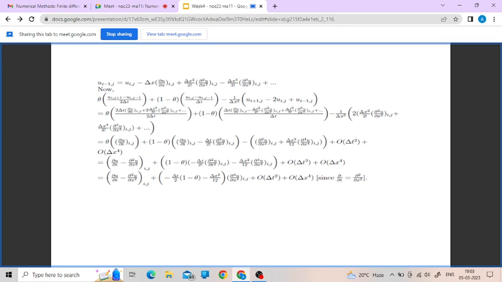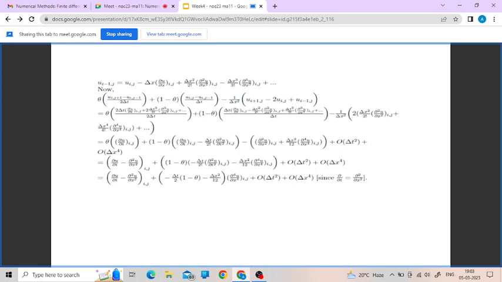The one-dimensional hyperbolic equation is given as del u by del t plus C del u over del x equals 0, x greater than 0 and t greater than 0. So you have to find the Lax-Wendroff scheme out of these which satisfies this equation at given C equals 0.5 and R equals 0.5.